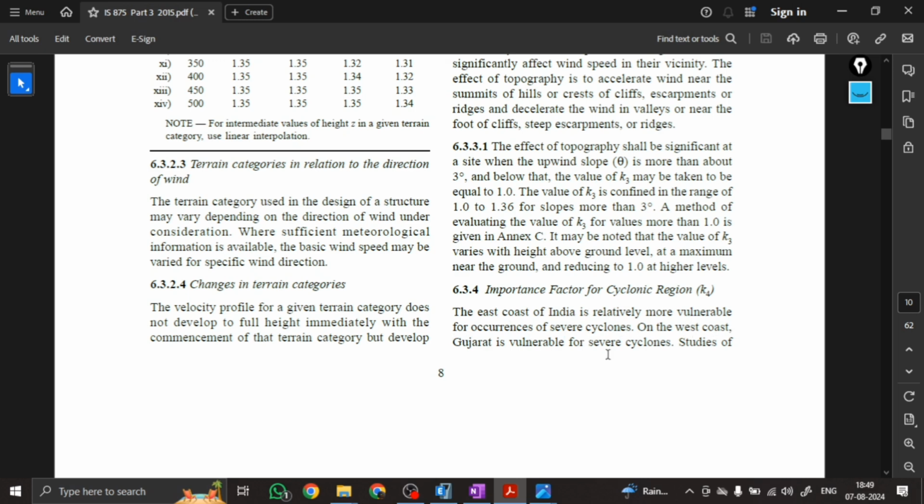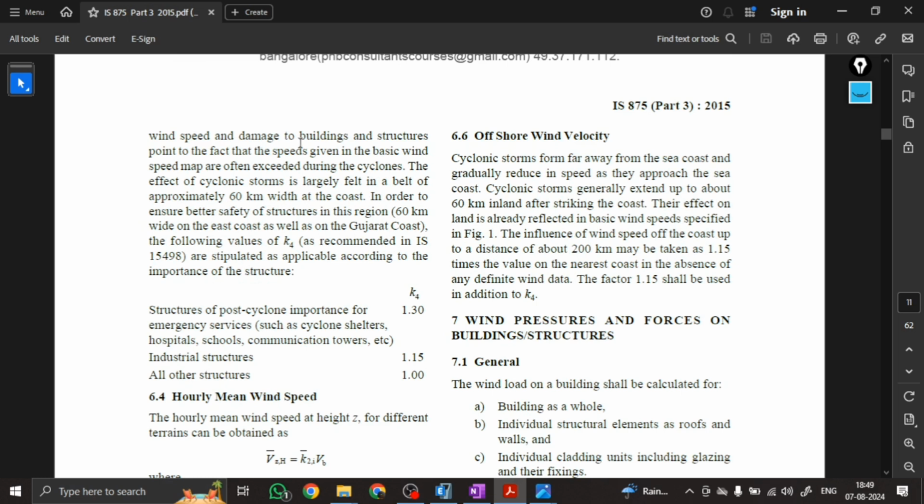On the west coast, Gujarat is vulnerable for severe cyclones. Studies of wind speed and damage to the buildings and structures point to the fact that the speeds given in the basic wind speed map are often exceeded during the cyclones. During cyclones in coastal areas, the speed will exceed, so we have to take this K4.